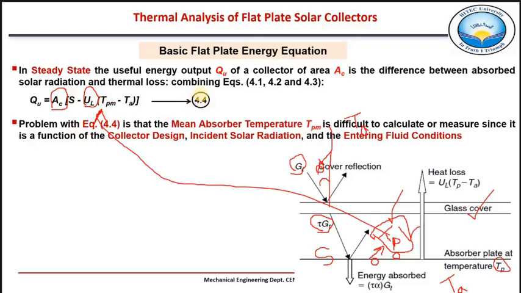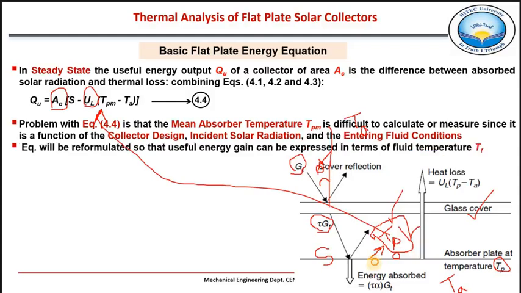The problem with this equation 4.4 is that the mean absorber plate temperature is difficult to calculate or measure because it is a function of the collector design and the incident radiation G and the entering fluid conditions.